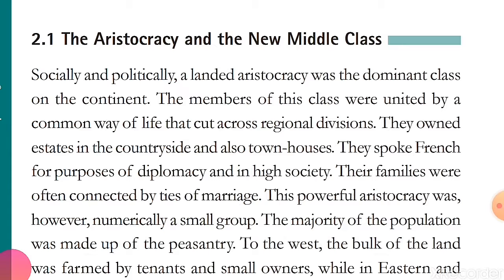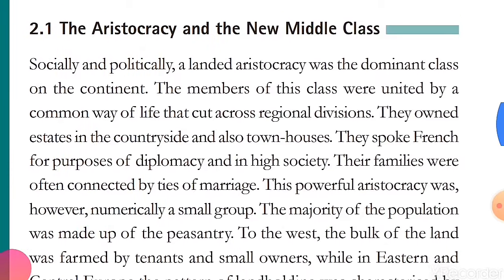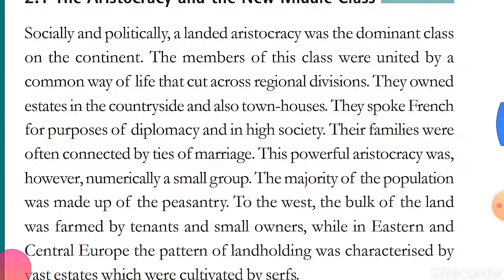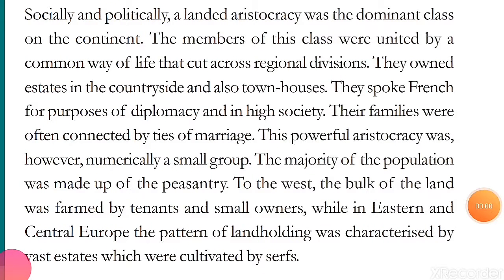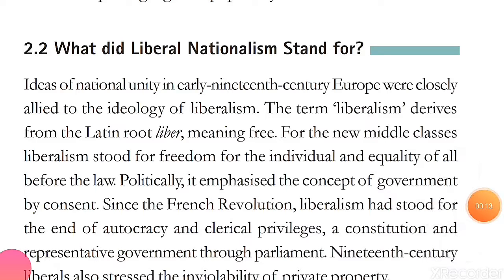The majority of the population was made up of the peasantry. Industrialization began in England in the second half of the 18th century. New social groups came into being: a working class population and a middle class made up of industrialists, businessmen, professionals.